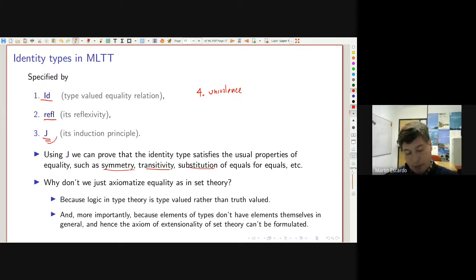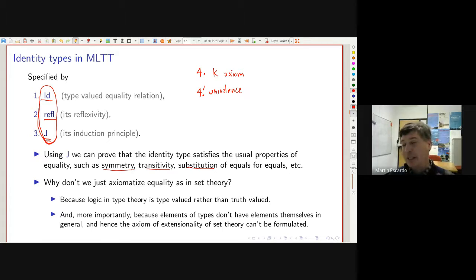So Martin-Löf's notion of equality is given by this. And sometimes people consider another axiom, let's call them 4 and 4 prime. So one, the very uninspiring axiom, was called the Streicher K axiom. You can ask why it's called K. Well, because it's the letter after J. But the K axiom says the opposite of univalence.